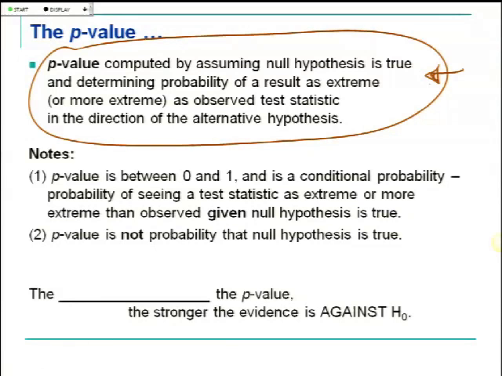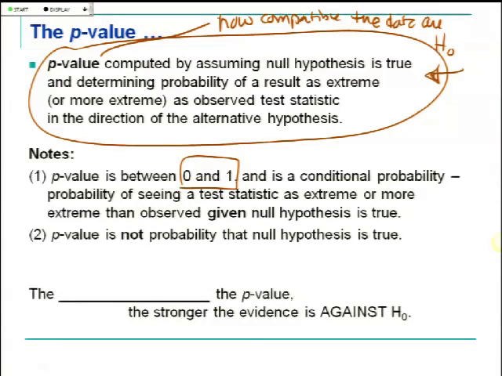The p-value measures how compatible the data are with H0. It's always going to be a probability, so it's a number between 0 and 1.